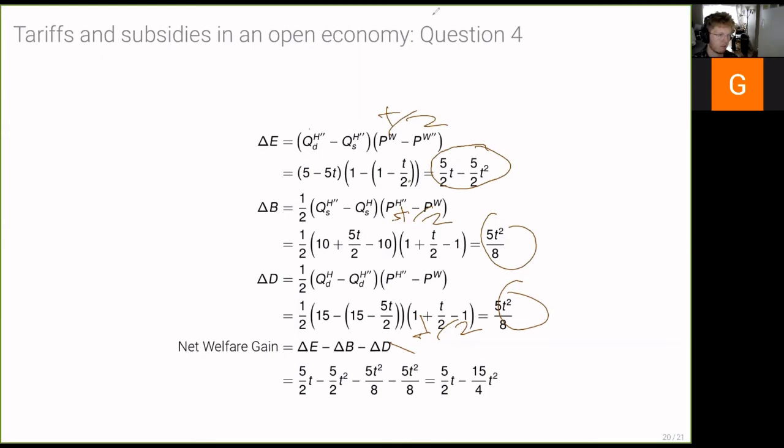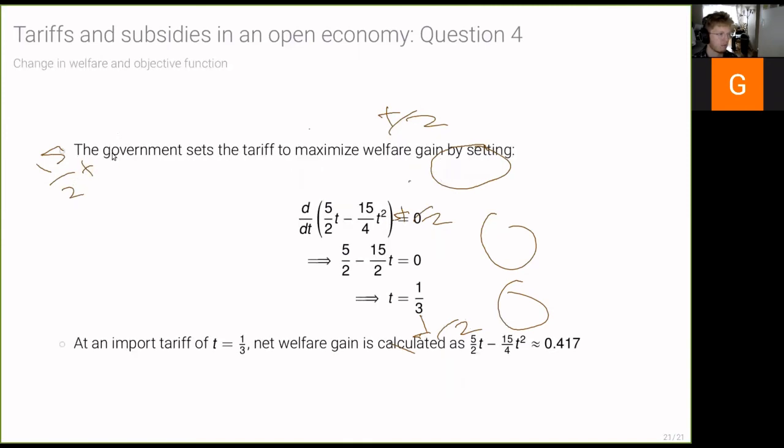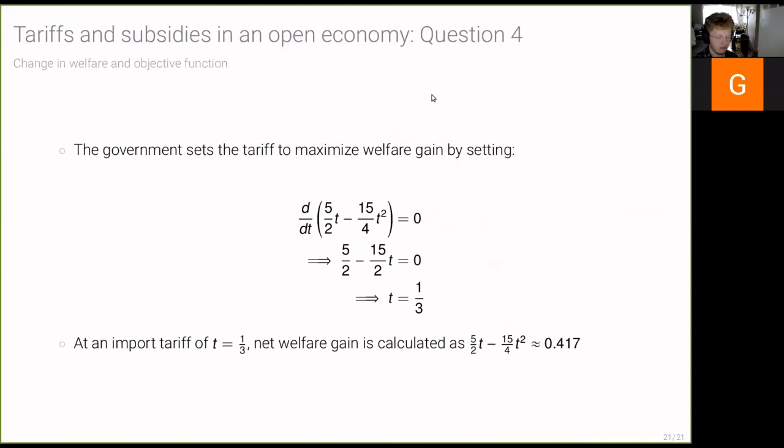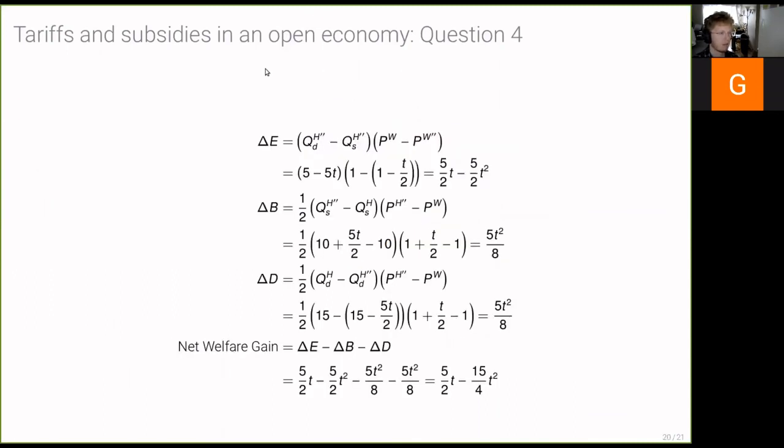We're going to get 5t minus 5 over 2 t squared, and then minus, I'm just going to take 2 times this.